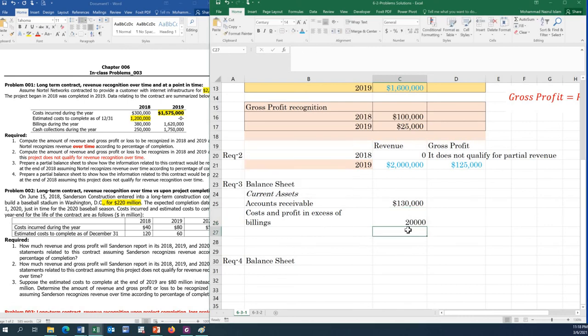How do we get that? How do we get the 400,000? The 400,000 is equal to the 300,000 we have spent plus the profit in 2018 of 100,000, which is 400,000.